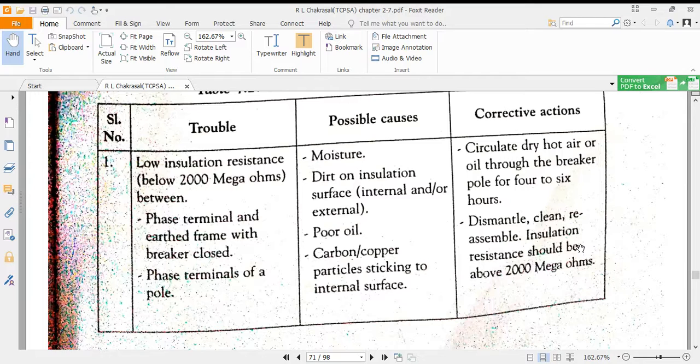That is a trouble. Possible causes may be moisture, dirt, poor oil, meaning insulation oil, and carbon or paper particles sticking to the internal surface.